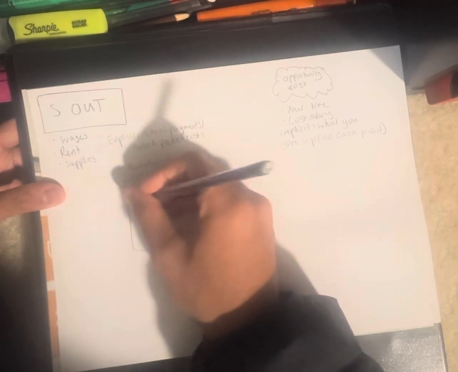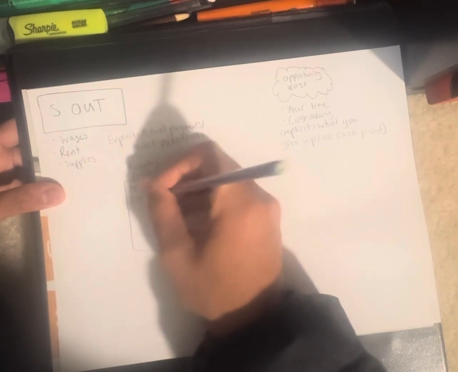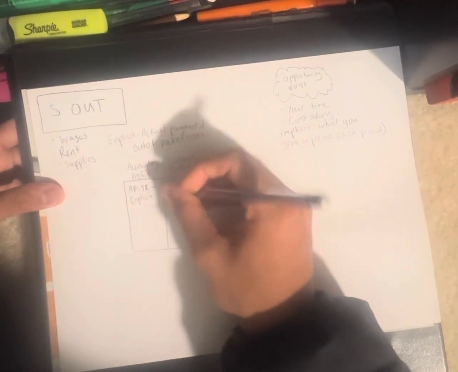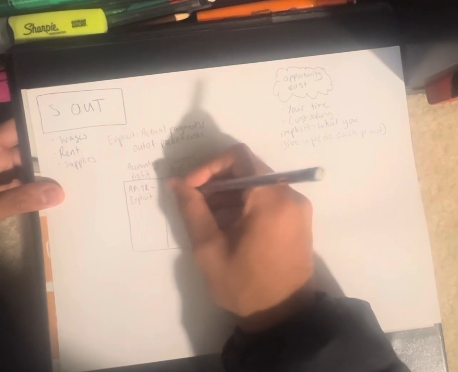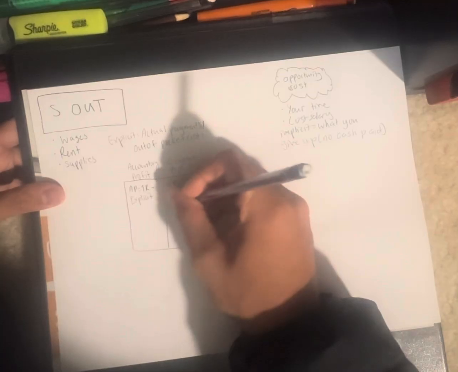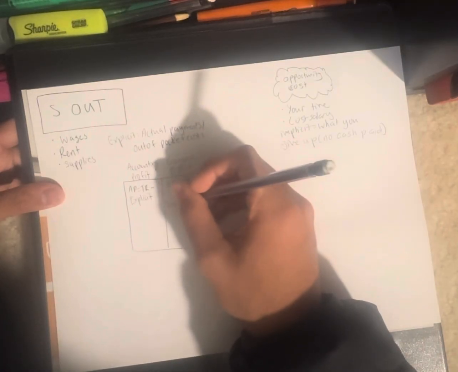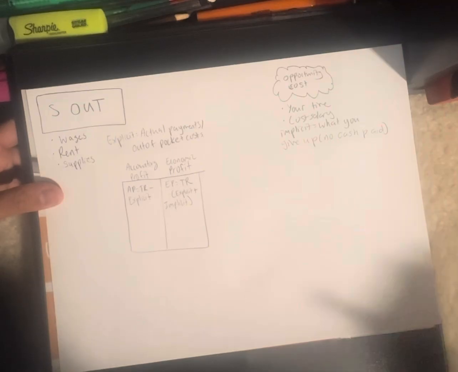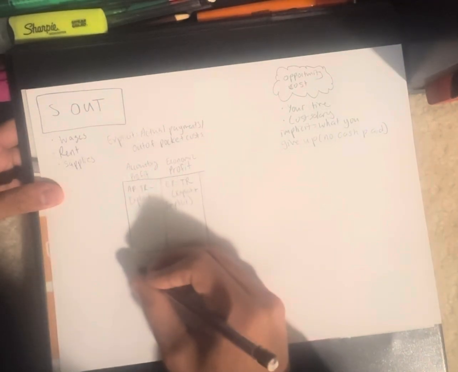Economic profit uses both explicit and implicit costs, so it gives you a real picture. For accounting profit, the formula is AP equals TR minus explicit. So accounting profit subtracts just the explicit costs, and we'll need the actual dollar payments.